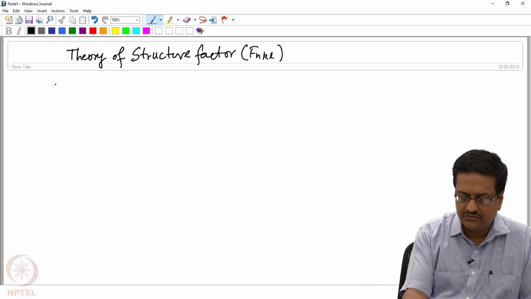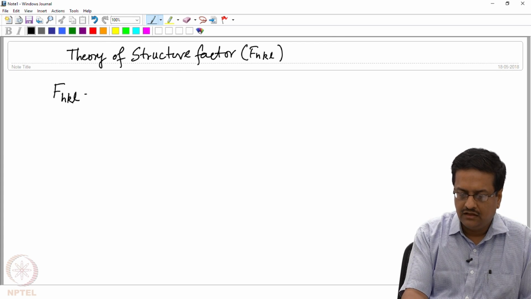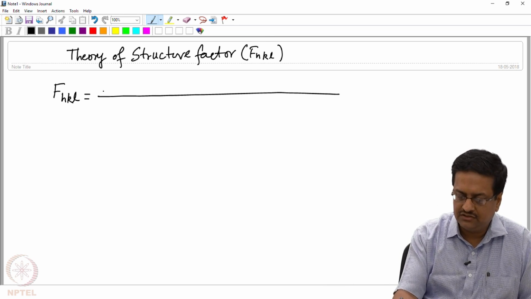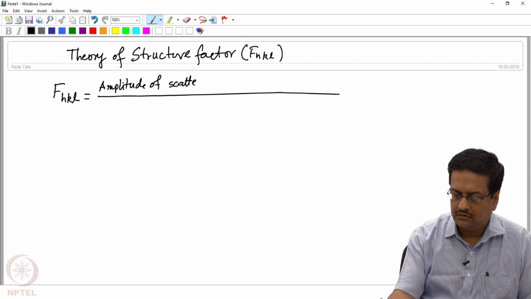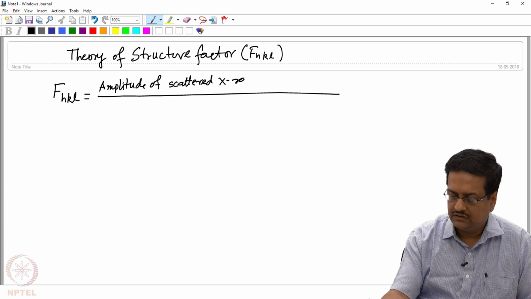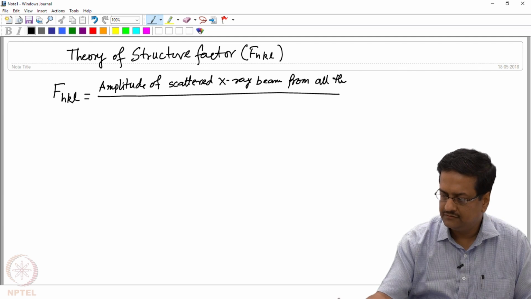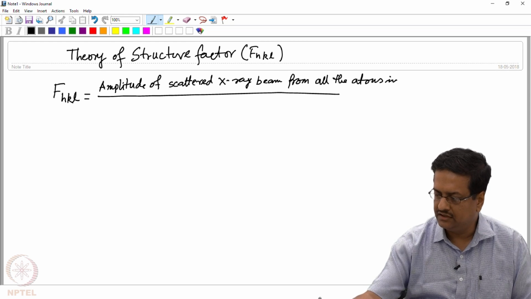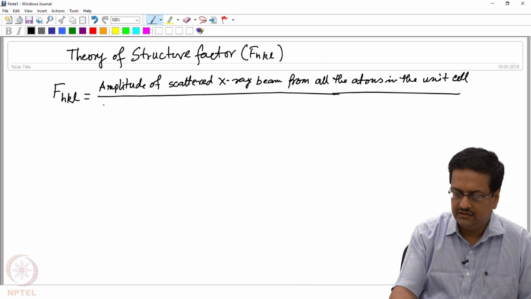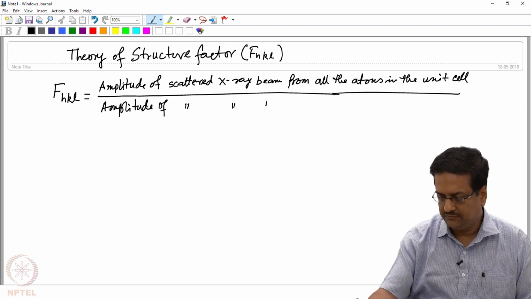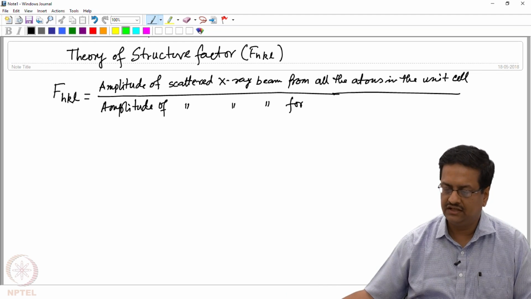And as we have already understood, FHKL is nothing but the ratio of the amplitude of scattered X-ray beam from all the atoms in the unit cell divided by the amplitude of scattered X-ray beam from a single electron.